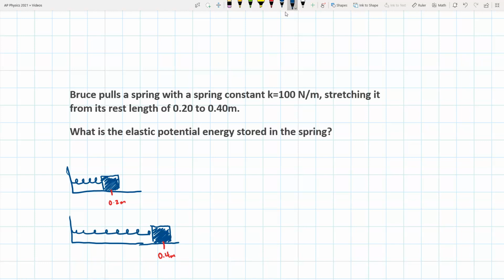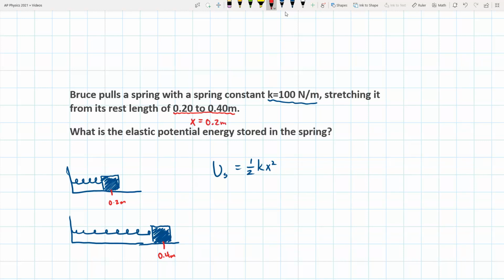So we know the equation for potential spring energy is 1/2 k x squared. And really this is just kind of plug and chug. We know k right here, right? This is the sneaky one. To go from 0.2 to 0.4, that means that x, the amount it stretches, is equal to 0.2.